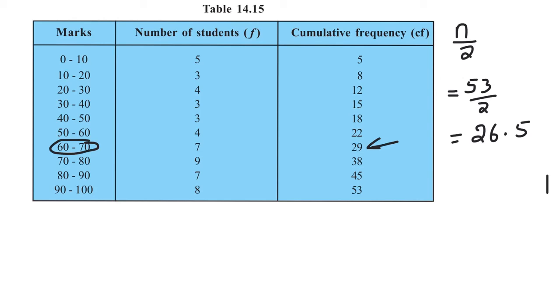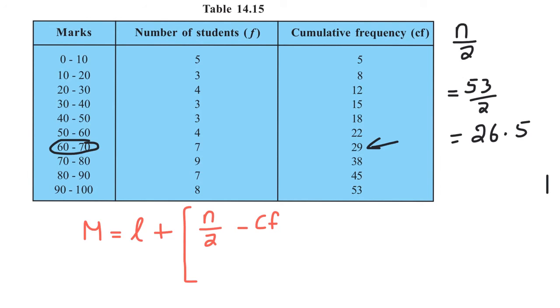The formula is median M is equal to L, which is the lower limit of median class, plus n over 2, which we already know, minus CF, the cumulative frequency of the class preceding the median class, which in this case will be 22.